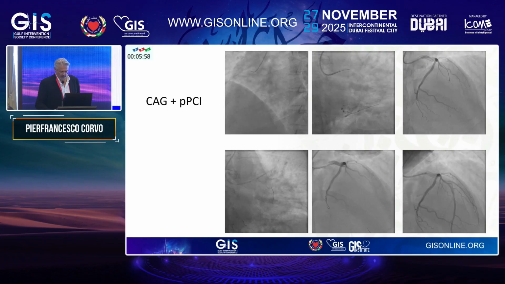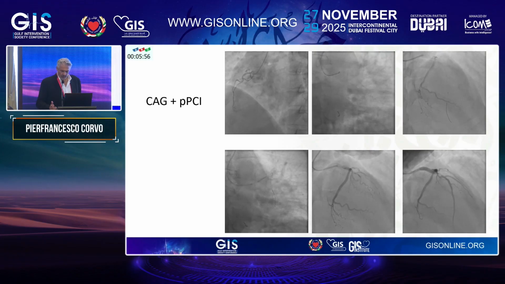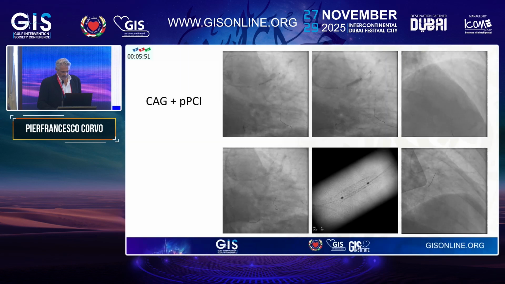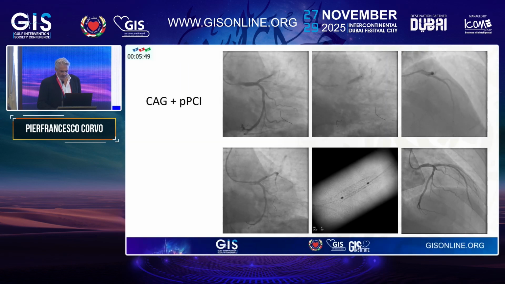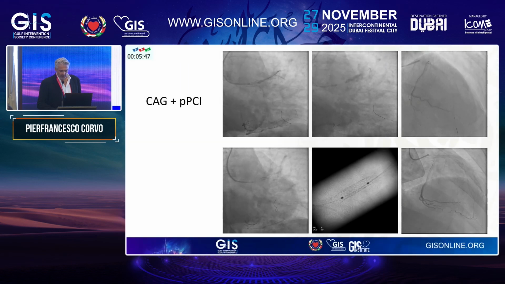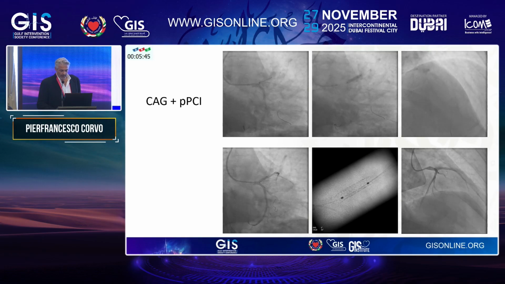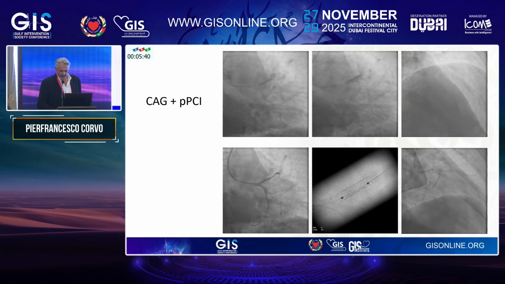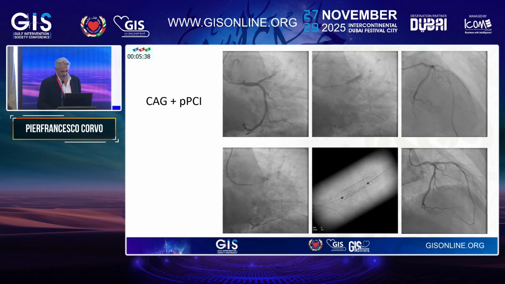The wiring was easy, and after wiring, the plaque was clearly evident. So we proceeded with preparing the lesion with normal ballooning, and then stenting at the ostium of the LAD. The flow was clearly restored, TIMI 3.